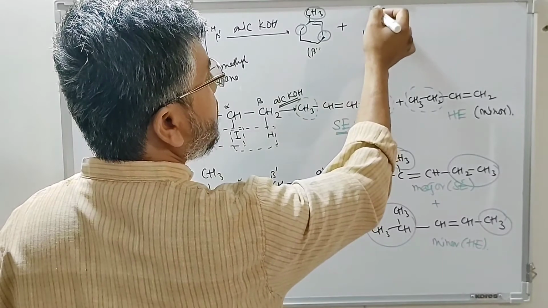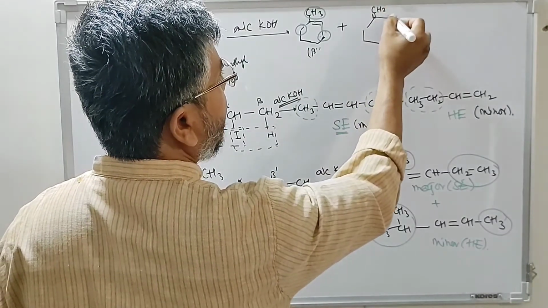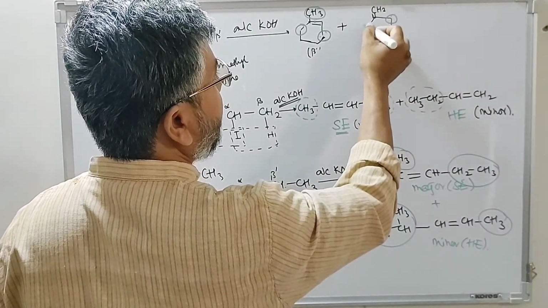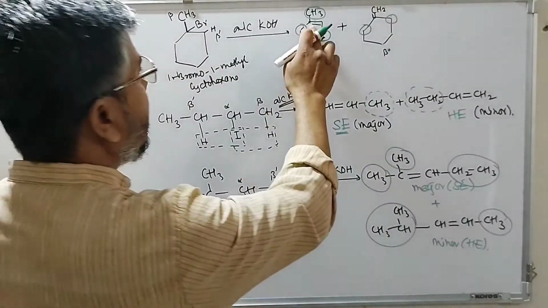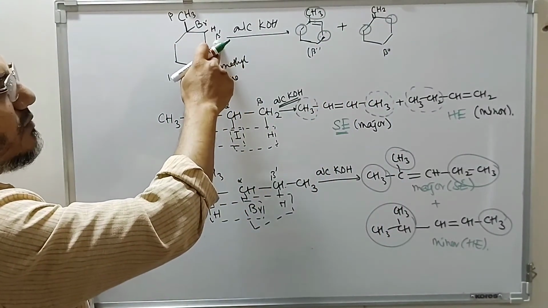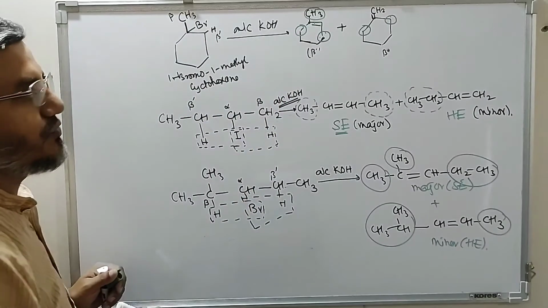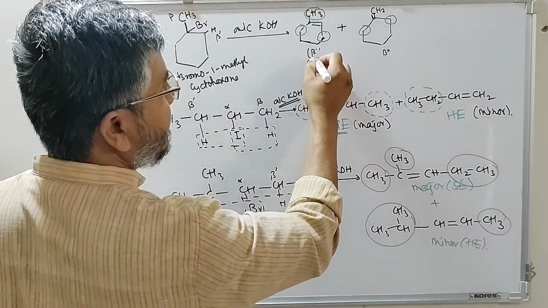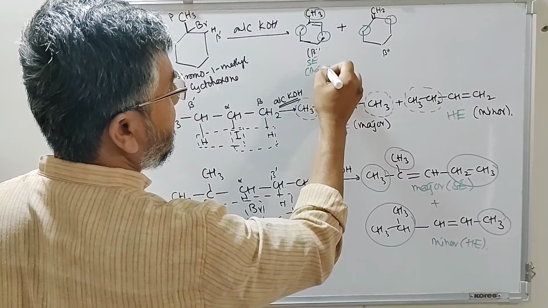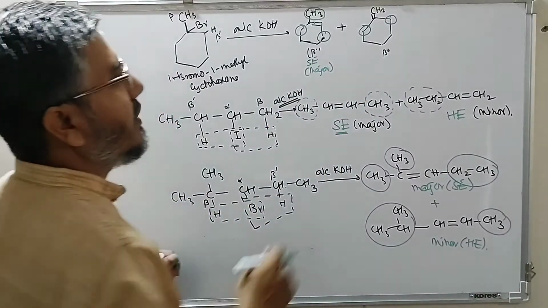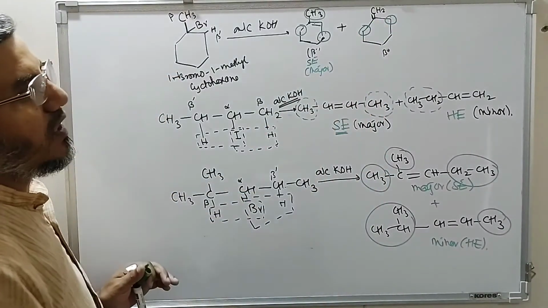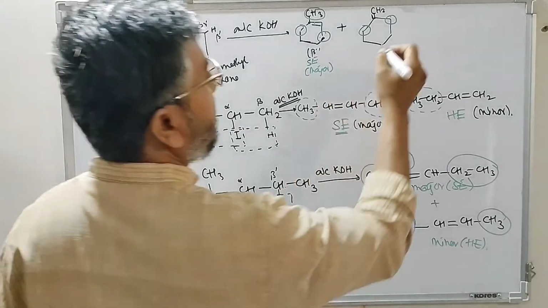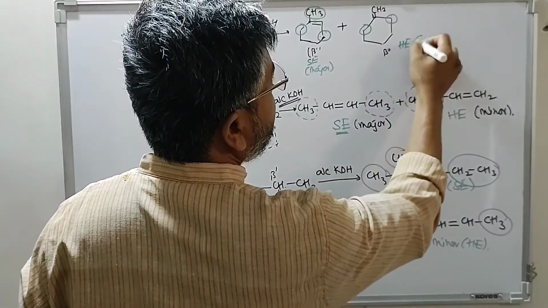There is no alpha carbon here. So this product, by removal of this beta prime, has three alkyl substitutions. So this is the Saytzeff product forming as the major, whereas this contains only two alkyl substitutions, so this will be forming as the Hofmann, that is the minor product.